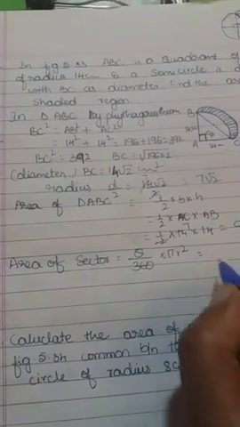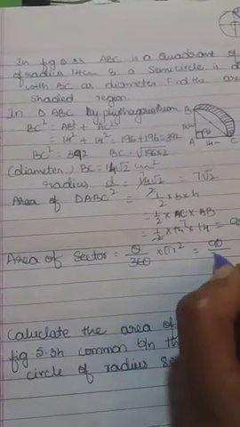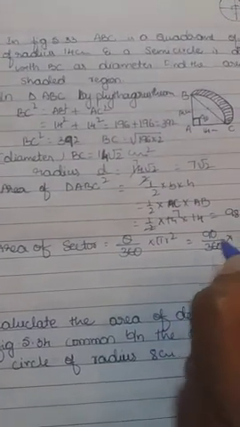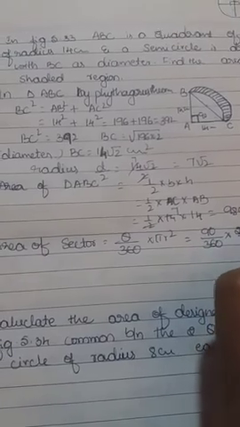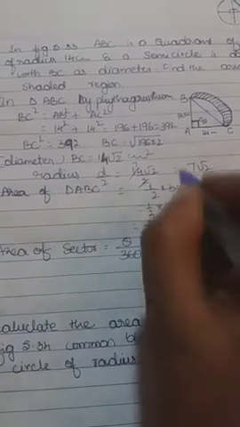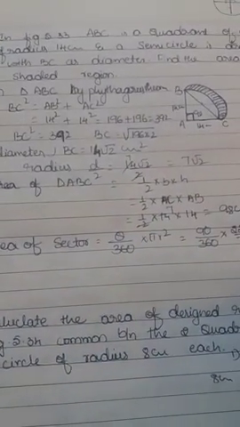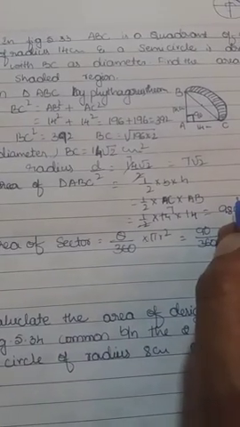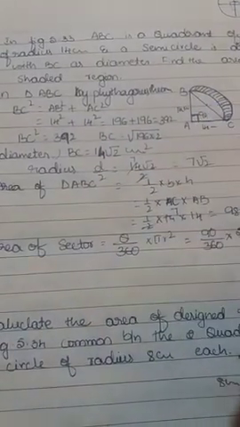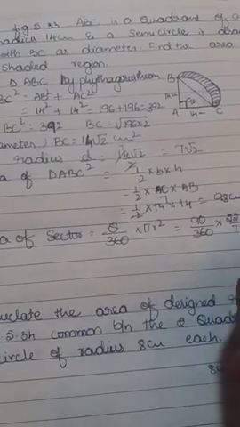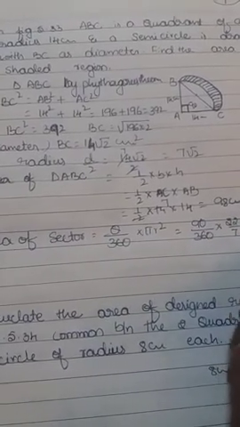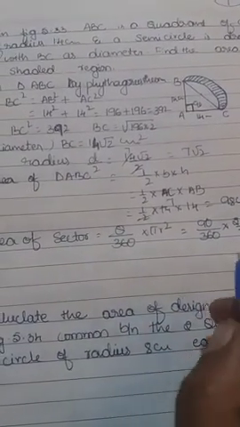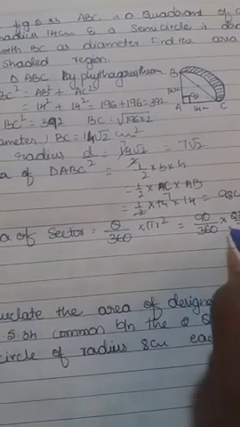So the angle is 90 divided by 360 into pi, which is 22 by 7, into r square. Here r is the radius of the biggest circle, that is 14 into 14.